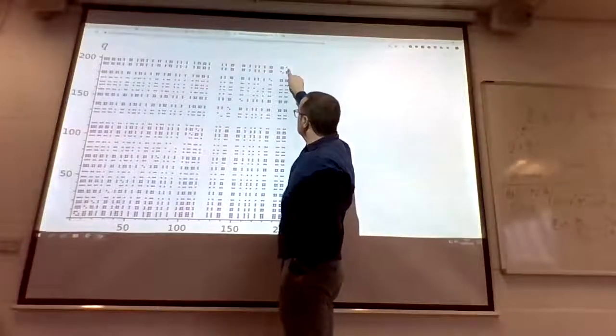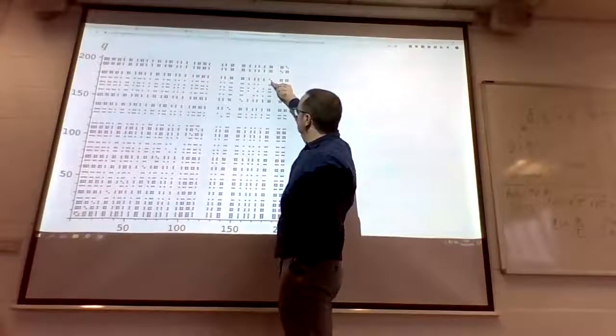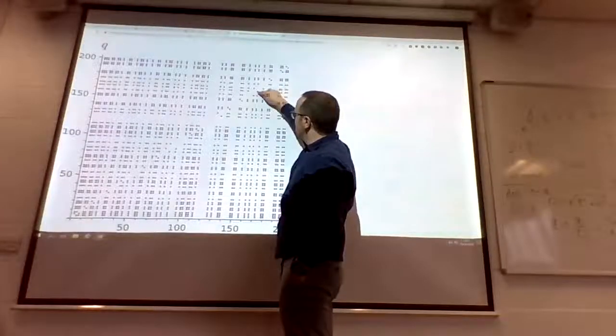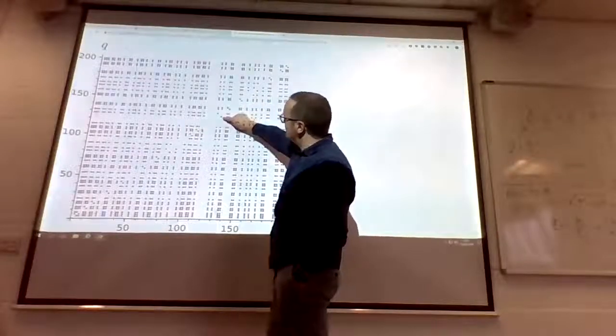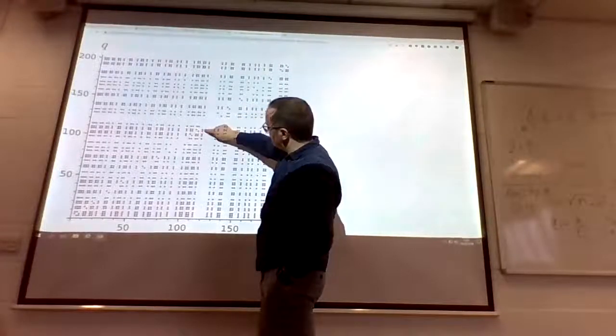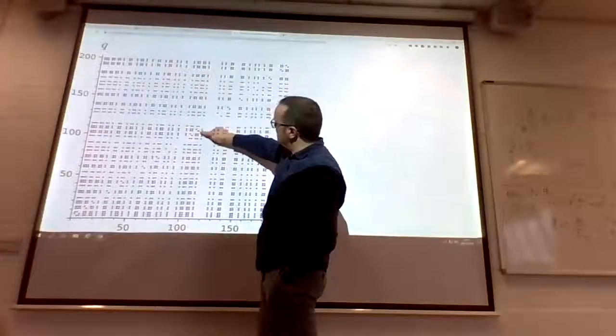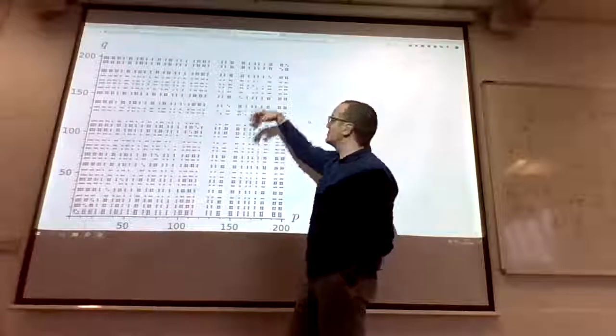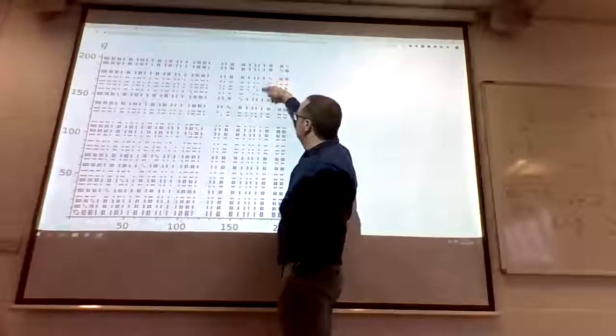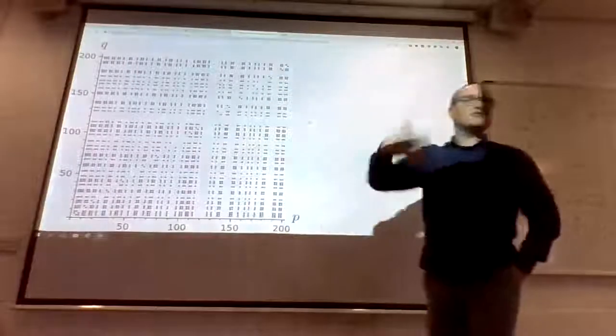But we've got two reds, two blues, two reds. Okay, different. But again two reds, two blues. It's sometimes the same across the diagonal, sometimes different, but it seems to be the same more often than it's different.